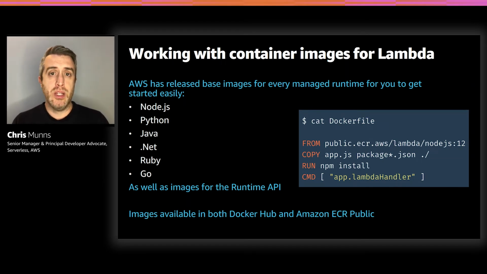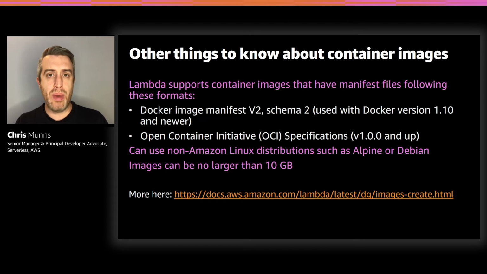We've made those images available both in Docker Hub and in ECR Public, which was just recently announced at re:Invent 2020 as well. This means you could pretty easily find these container images and then build off of them. Now, when it comes to these container images, we follow specific manifest formats.